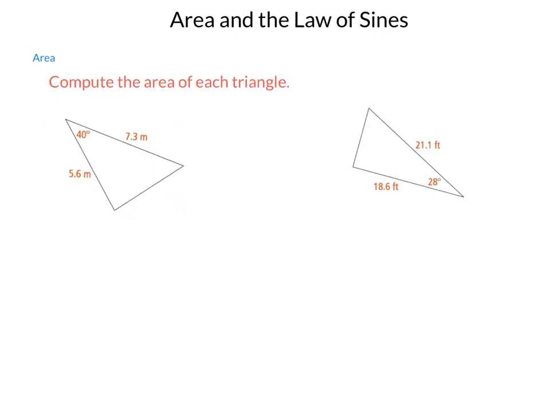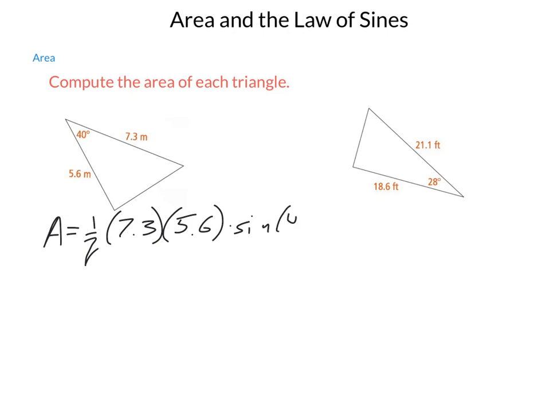Okay, so we're going to compute the area of each of these triangles from the given information. We're going to start out with area here is 1/2. Now I don't have anything labeled as A, B, and C, but all I need is two sides and their included angle. So in this case, I can go 7.3 meters times 5.6 meters times the sine of 40 degrees.